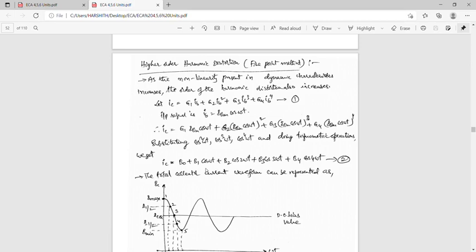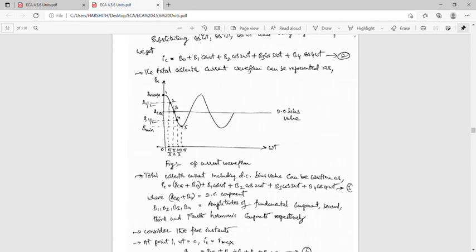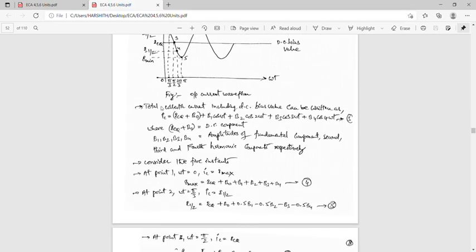This is the output waveform. The total collector current including the DC bias can be written as IC equals ICQ plus B0 plus B1, B2, B3, B4.